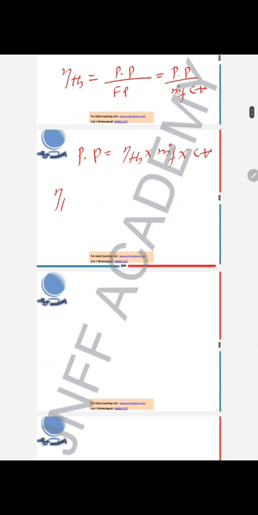From here we get propulsive power as thermal efficiency into m dot f into heating value of the fuel, and we know the propulsive efficiency as thrust power divided by propulsive power, which is F into VA divided by thermal efficiency into m dot f into CV.